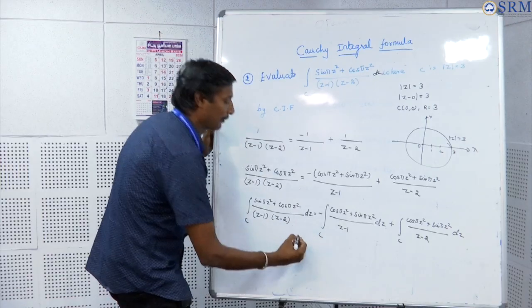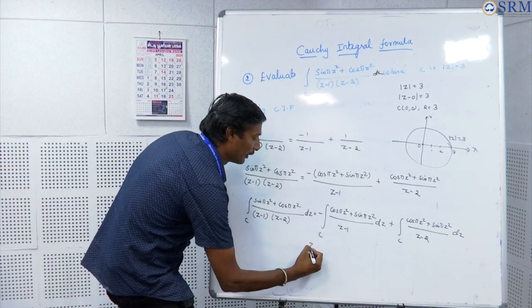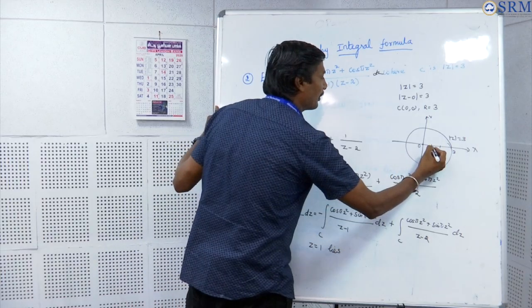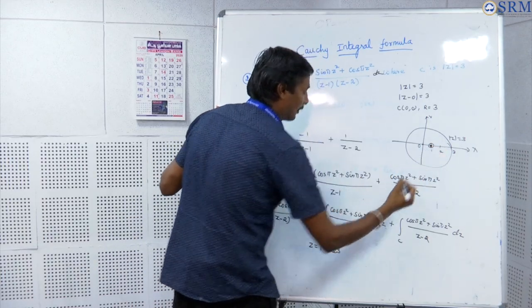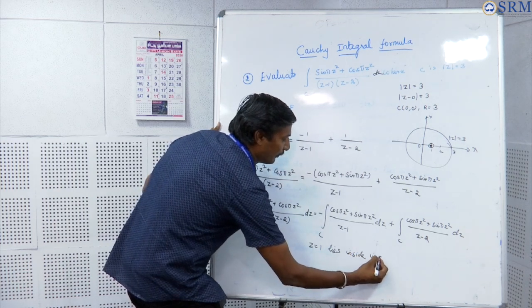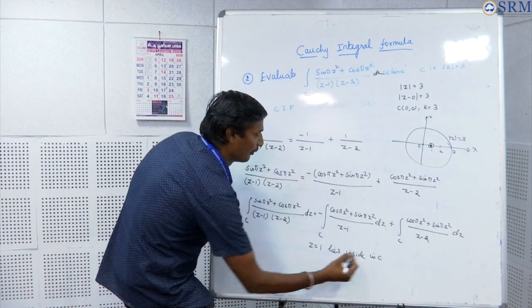So the singular point z equal to 1 lies, z equal to 1 is coming at this point, so it lies inside C. The next point, what is the next point?